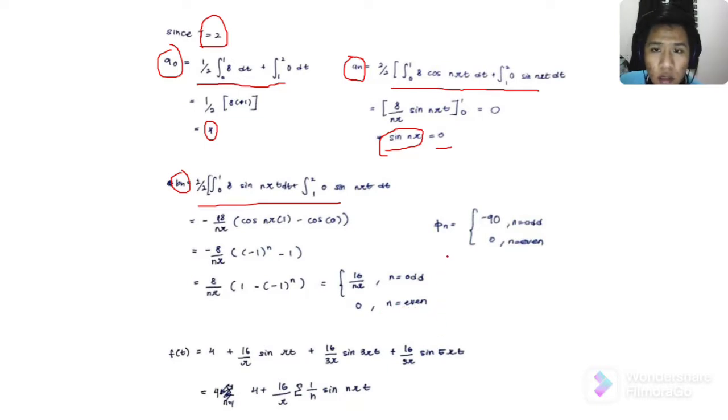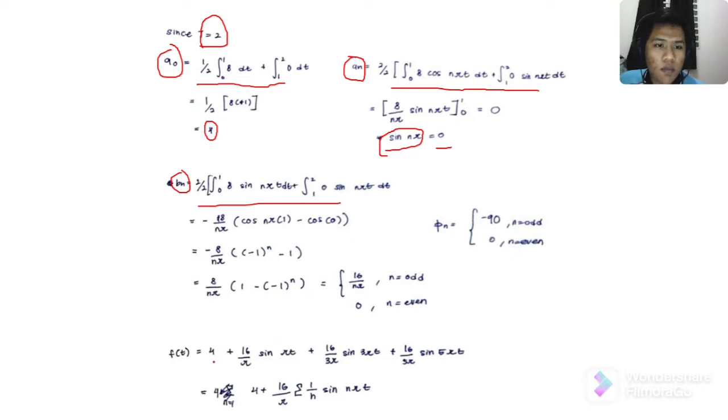So for phi n, the formula given is negative tangent inverse of Bn over An. So we will get the value of negative 90 when n is odd, and the value is 0 when n is even.